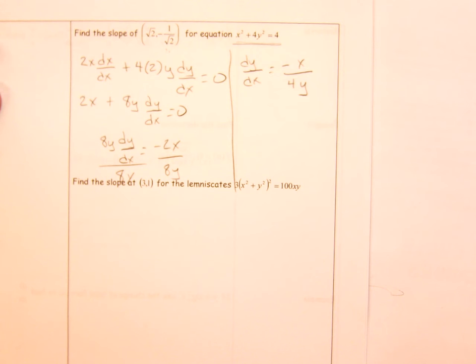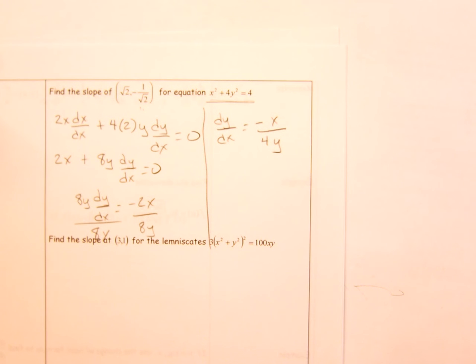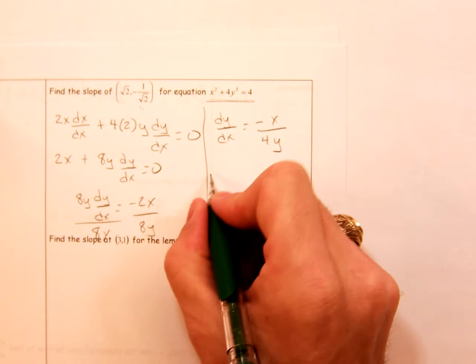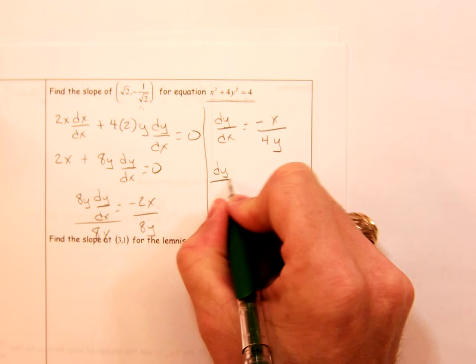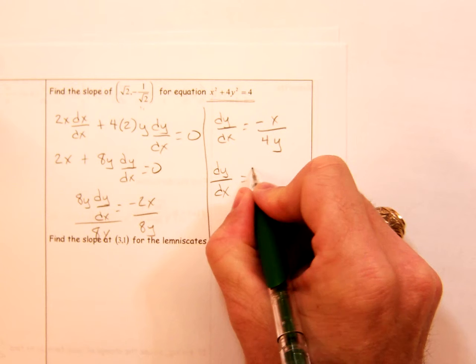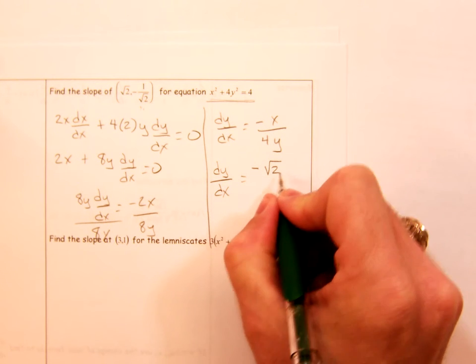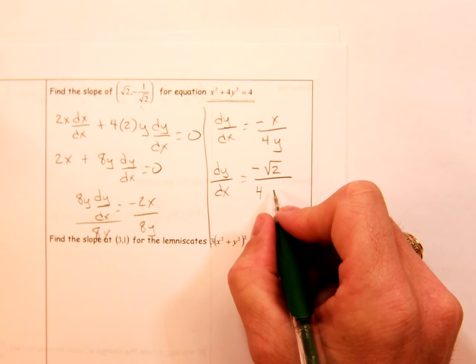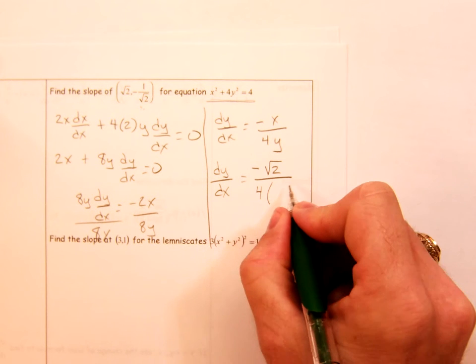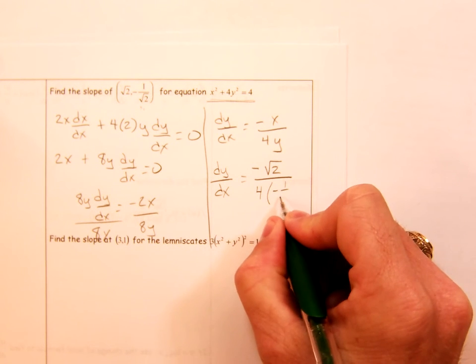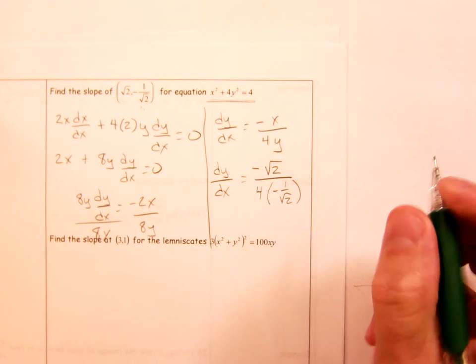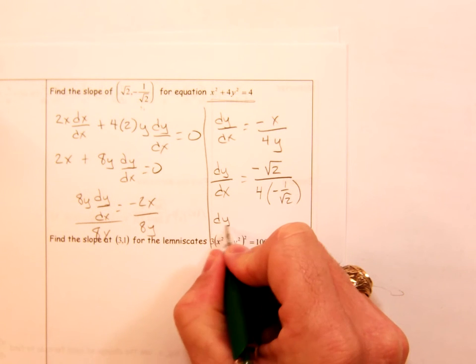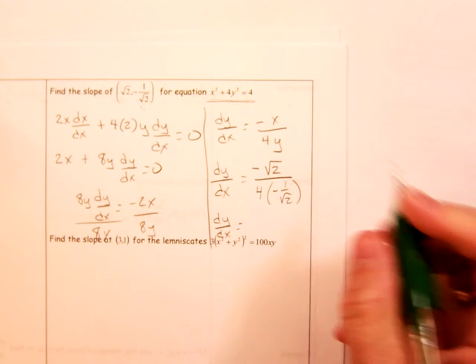And that's my slope. And now they say, what's the slope at that point? So dy/dx is equal to negative square root of 2 over 4 times negative 1 over the square root of 2. So dy/dx is equal to, what happens with these two negatives?